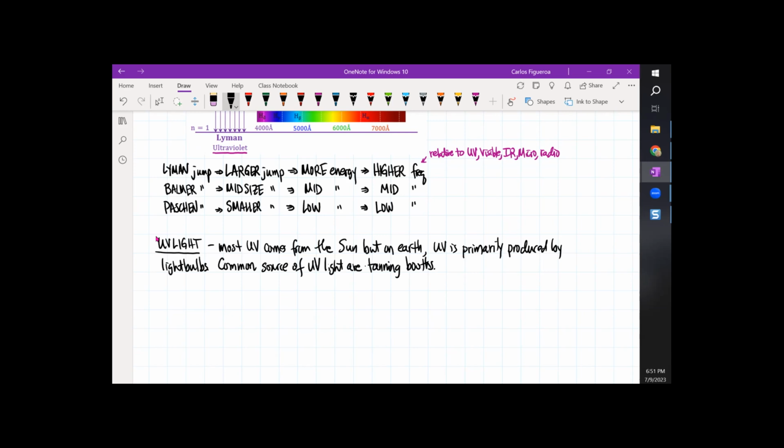Now, what's really interesting about this, UV light is absorbed by regular glass, while quartz glass allows it to pass through.